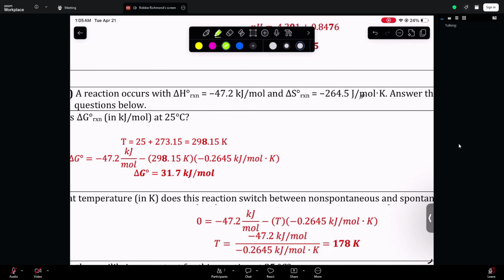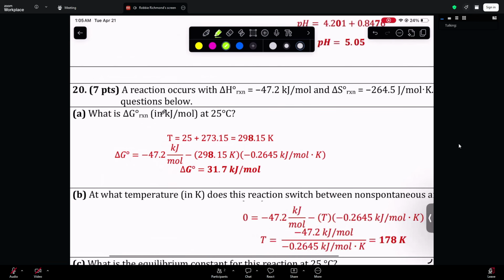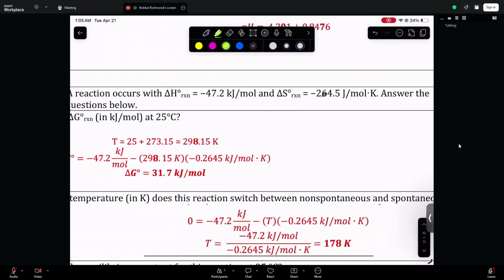So you either have to convert this to kilojoules or this to joules. Since the question is asking for kilojoules per mole, I would change the entropy to 0.265 kilojoules per mole Kelvin.